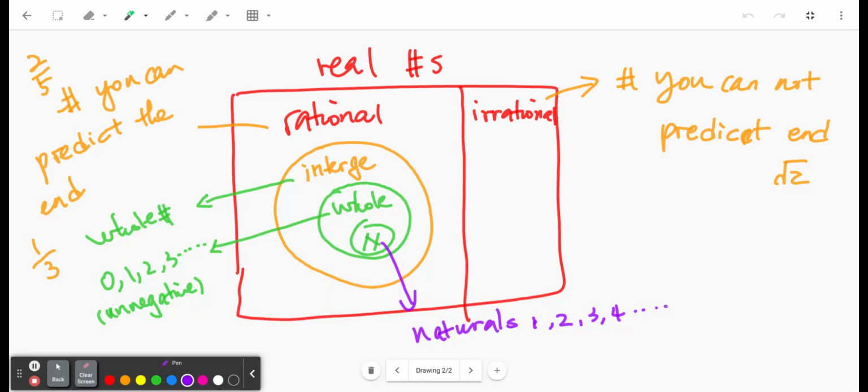A lot of square roots or cube roots are irrational, and the most common one is pi. Pi is 3.14 with an unlimited end. Within rational numbers, we have integers, which are positive, 0, and negative whole numbers. We have whole numbers, which are non-negative numbers. And then natural numbers are just 1, 2, 3, 4, 5.